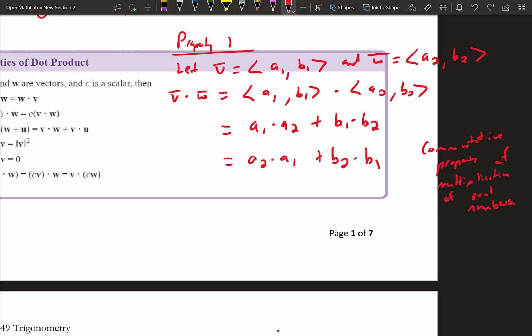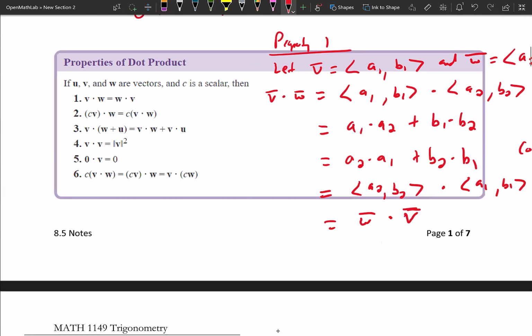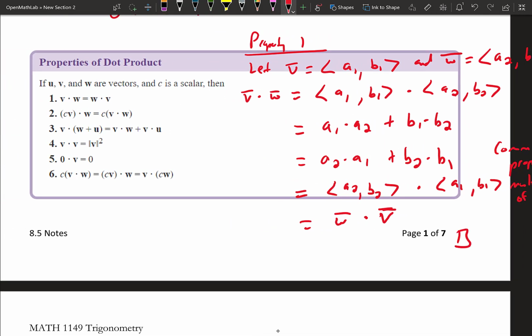Right. So then this is just the same thing as vector a2 comma b2 dot a1 comma b1, which is equivalent to vector w dot product vector v, right? So that shows property 1, right?